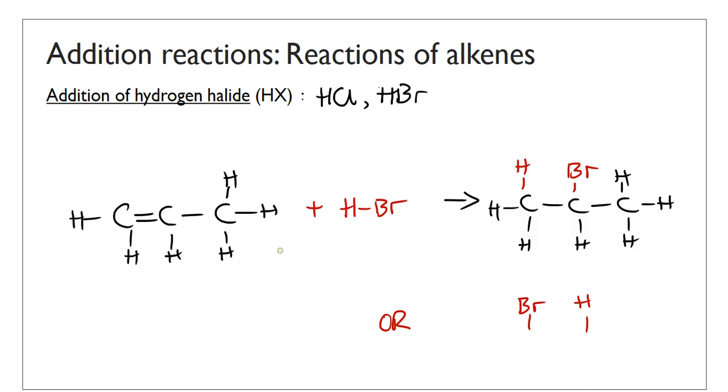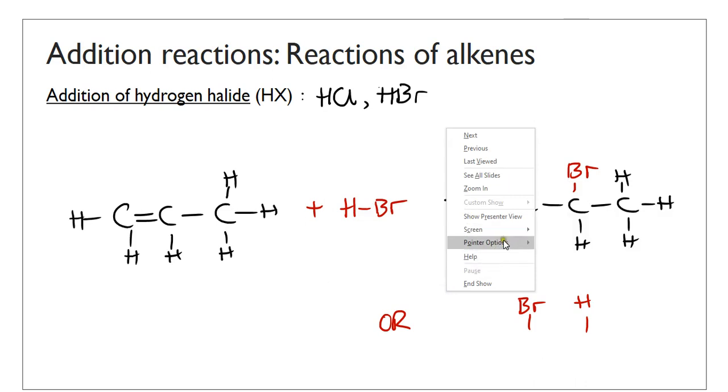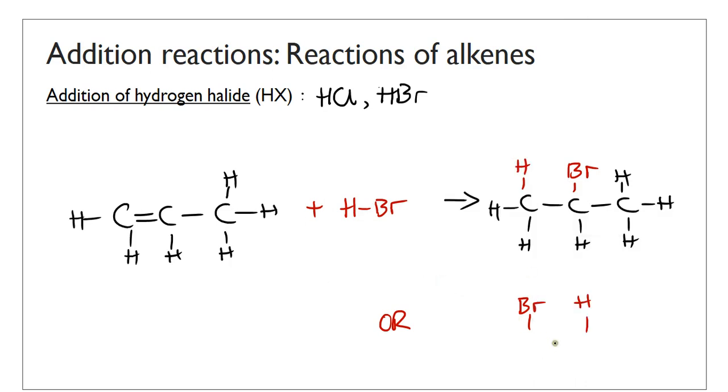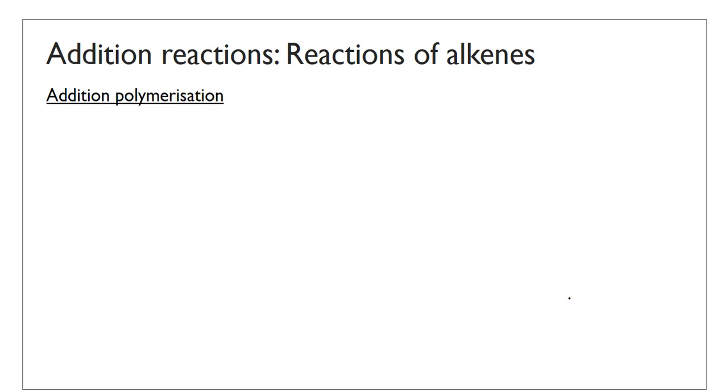You really want to think about how you're going to separate these products from each other. What technique can we use to separate these two? Now that's a question for chapter 13. All right, so you can have either of these two products, most of the time a mixture of both.